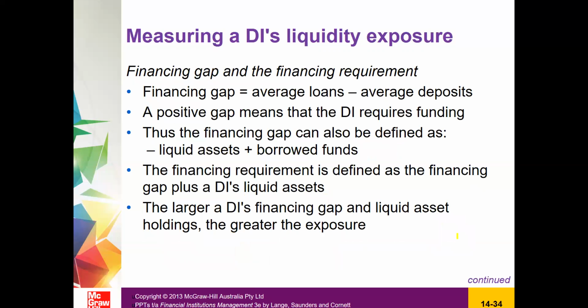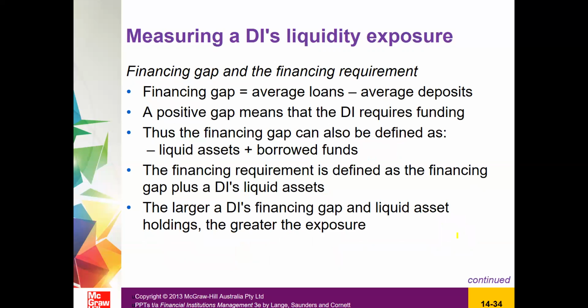The next one is the financing gap. This is the fourth way to measure liquidity risk exposure. It determines the depository institution's financing gap. As we discussed earlier, even though demand depositors can withdraw their funds immediately, they do not do so in normal circumstances.